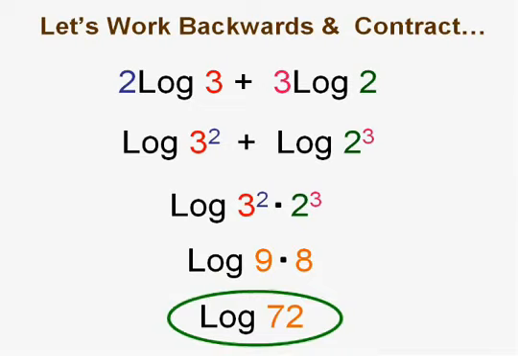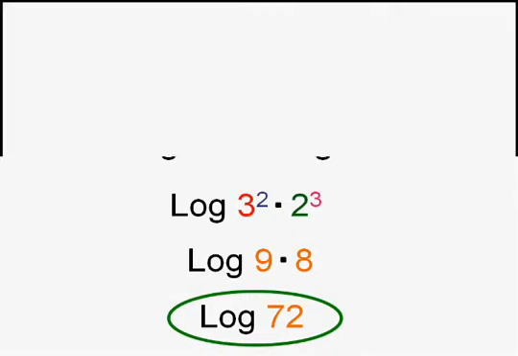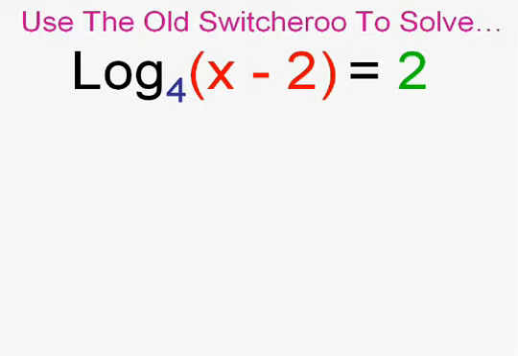What a dumb thing to do. Well, hold on just a second, and I'll show you why you might want to make this into one big logarithm. Another thing that we learned regarding equations was to switch it into exponential form. Remember what the base is?